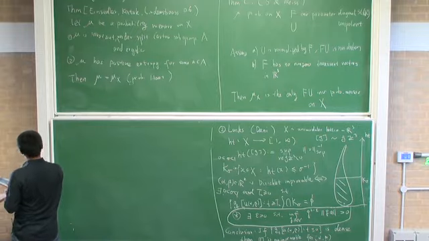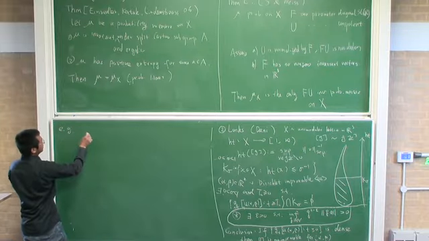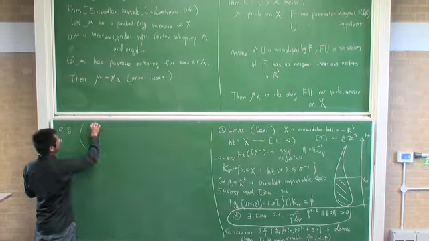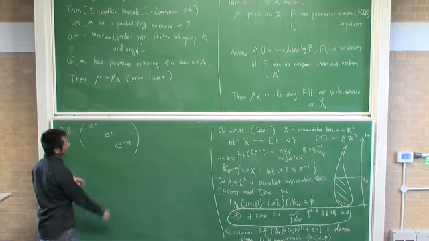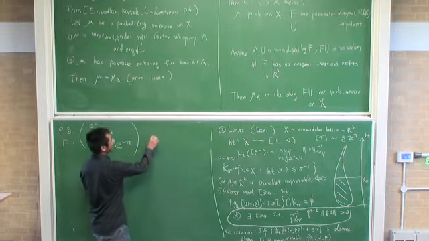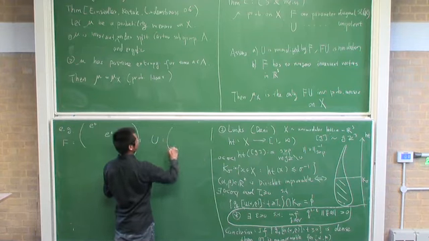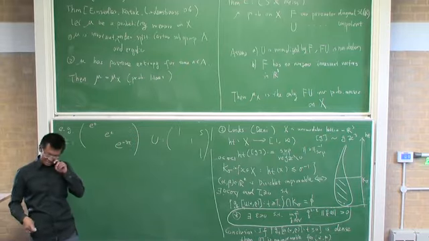Let me give my example: e to the t, e to the t, e to the minus 2t, that corresponds to F, and U is given by this type of matrix. It's not epimorphic.